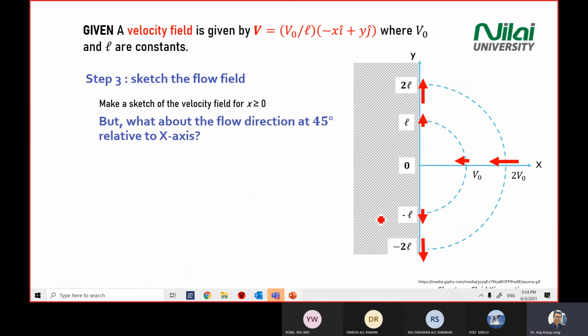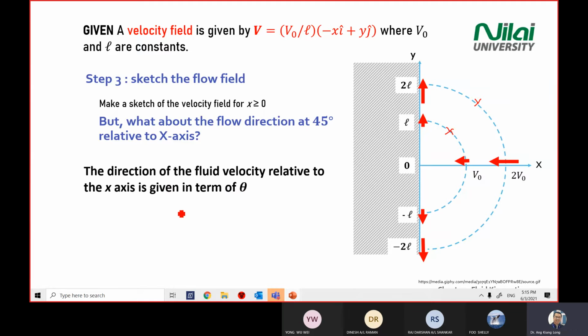The next one is more challenging. What about the flow in this direction? For example, this location at 45 degrees from the axis. How do we draw the arrow? So ask yourself again, what is the trigonometry equation? Pull this diagram out.